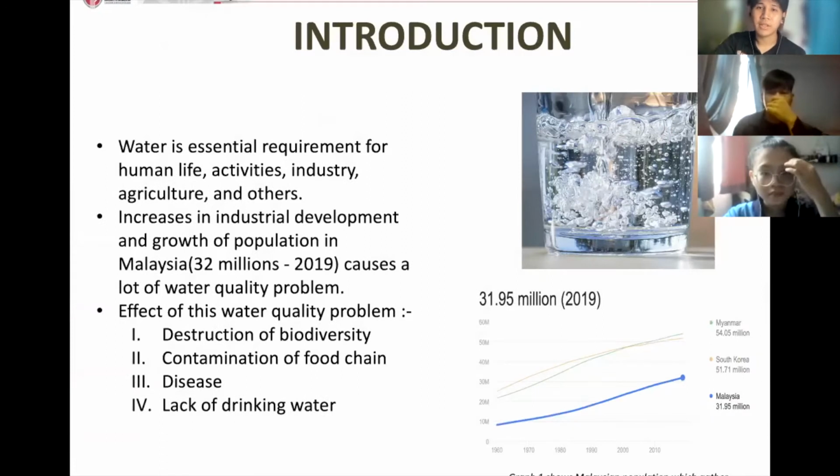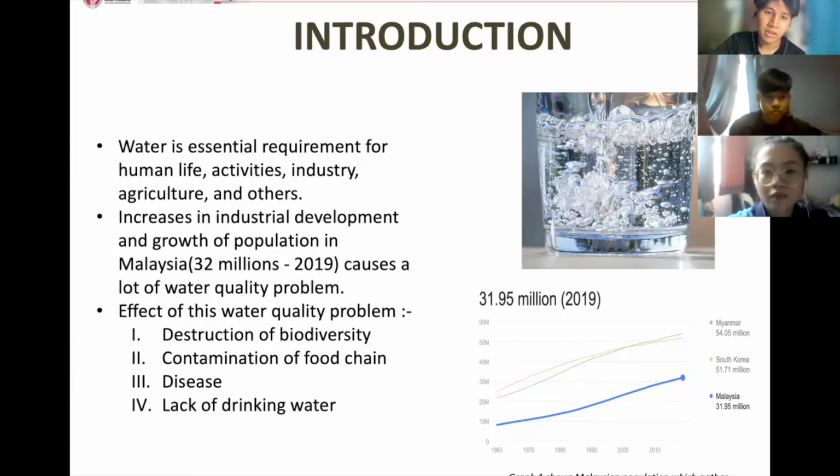To begin with, as we all know, water is an essential requirement for human life, activity, industry, agriculture, and others. We use water mainly for drinking, to clean clothes, or to clean our body. The increase in industry development and growth of population in Malaysia, estimated around 32 million in 2019, causes a lot of water problems.